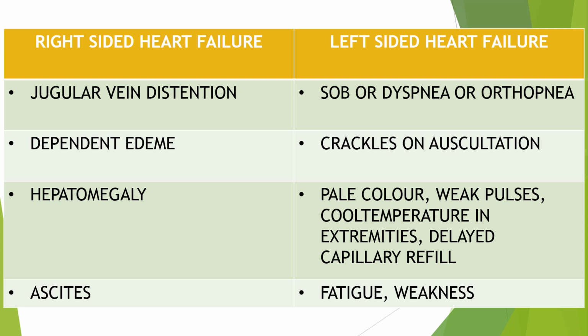In right-sided heart failure, there will be jugular venous distension, dependent edema, hepatomegaly, ascites. In left-sided heart failure, there will be shortness of breath or dyspnea or orthopnea, crackles on auscultation. So this was what was asked in the previous question. Also pale color, weak pulses, cool temperature in the extremities, delayed capillary refill, fatigue and weakness.